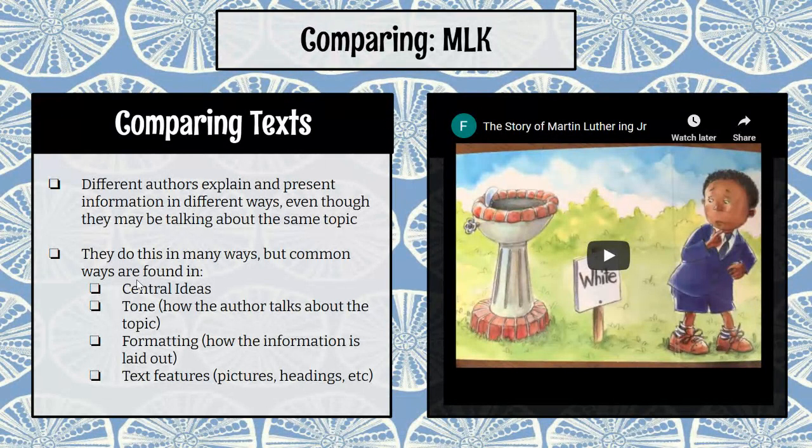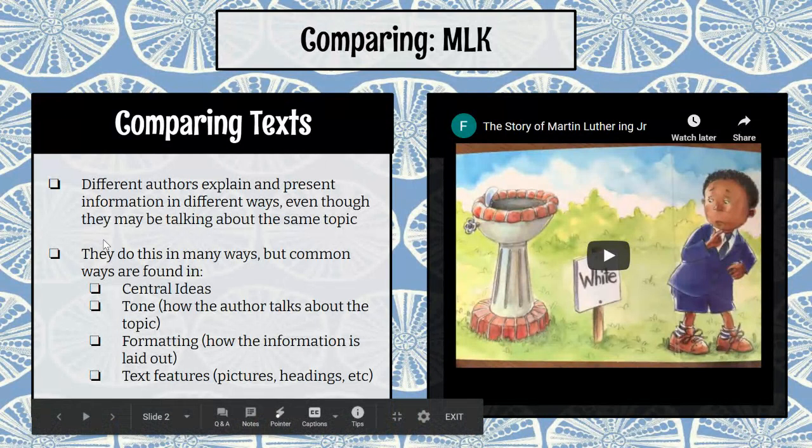So what is the main point of them writing this? What is the main point that they make about this topic? How are those different? One central idea may be about that person's entire life, whereas the other central idea may be about just one single moment in history that they were a part of. So it's how they decide to present the information.